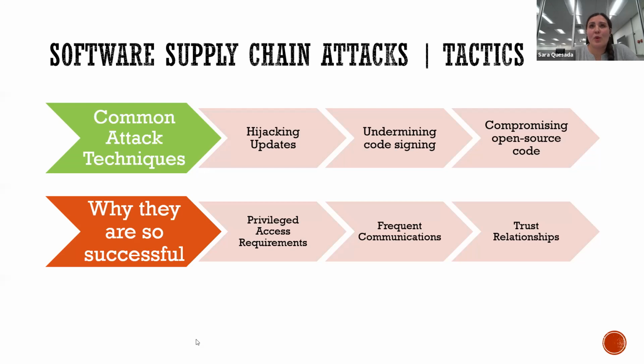So, privileged access requirements. The prevalence of third-party software products running with elevated system privileges increases the chance of compromised software functioning as it needs to. How many times have you been asked to grant a user local admin access because the software they bought just has to run with local admin rights? And every user of that software has to run as a local admin on their workstation as well.